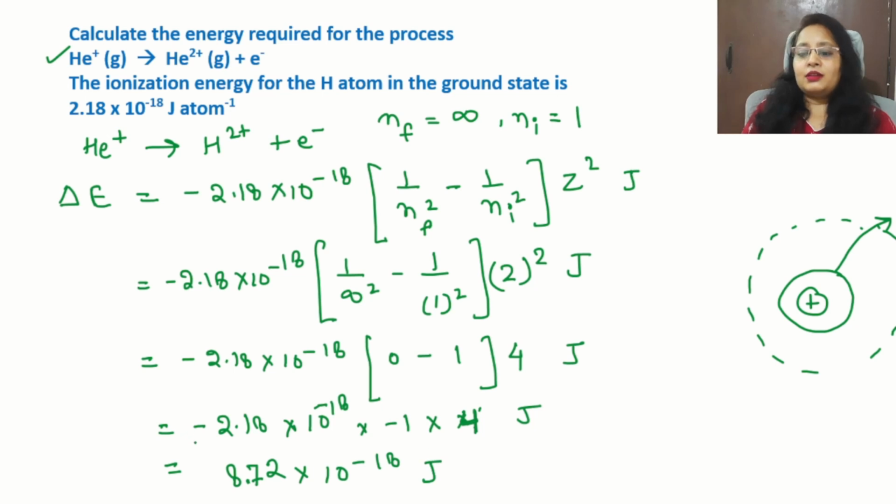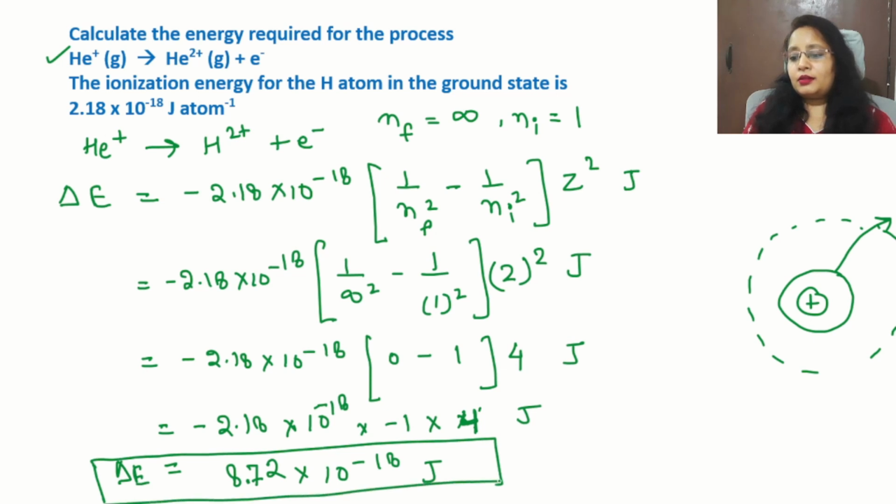Minus multiplied by minus will become plus. So this will be the energy required to ionize helium ion to helium 2+ ion.